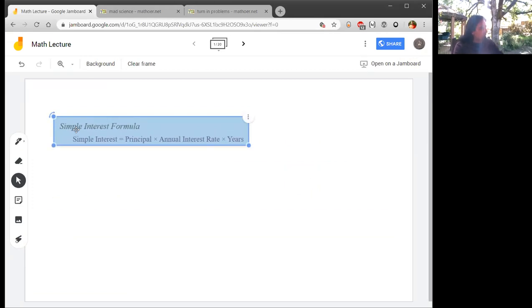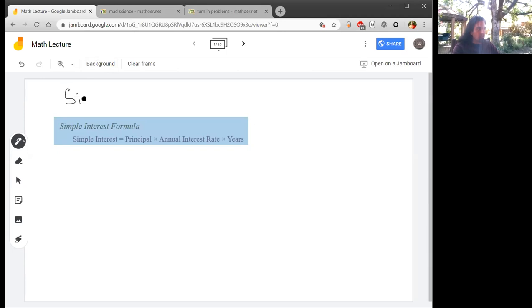Okay, I need to get out my little pad to write on. Okay, see how this works. Different table, different handwriting.